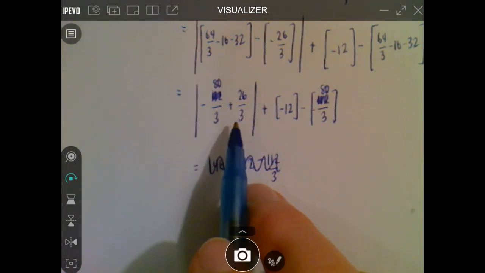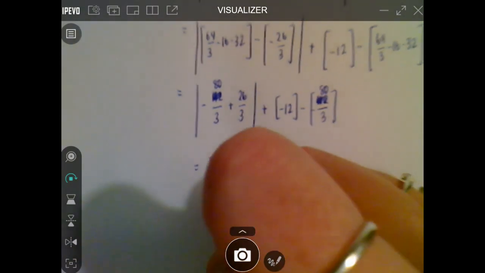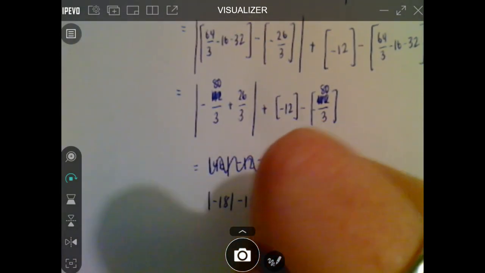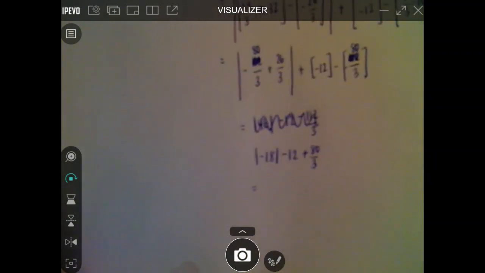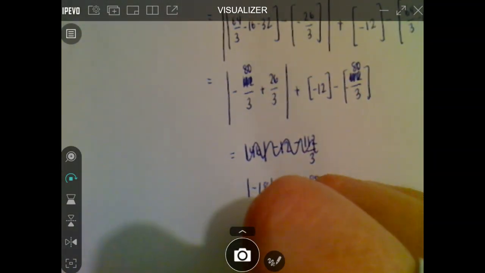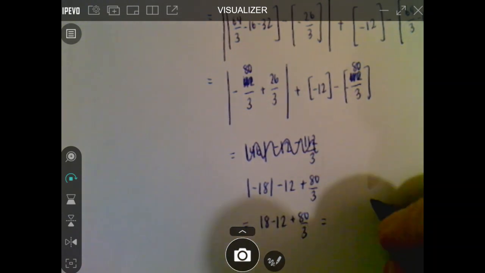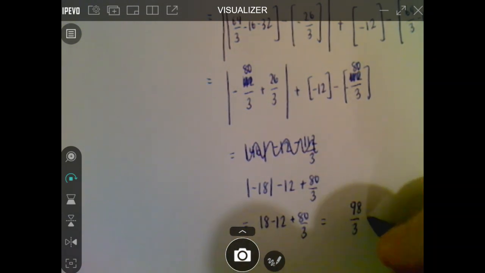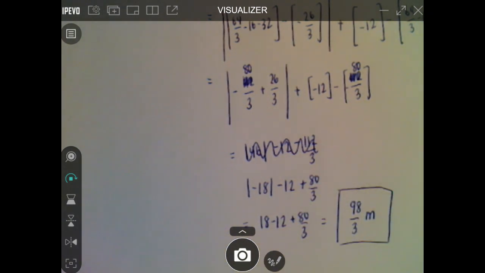Okay, yeah, so when we add those together, I believe that gives us the absolute value of negative 18, and then we're subtracting 12, and then we're adding 80 thirds. So it should give us positive 18 minus 12, and then plus 80 thirds. And I think when you add that together, that should give us 98 over 3. And since we're talking total distance, our units again should be meters.